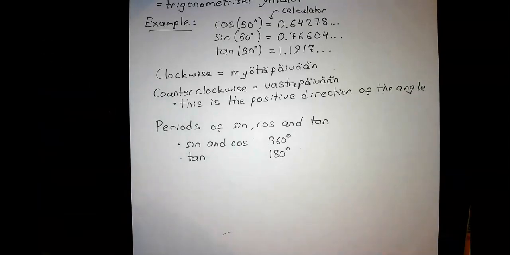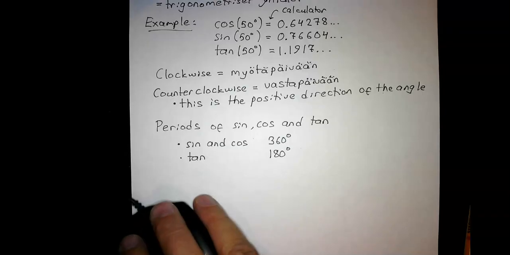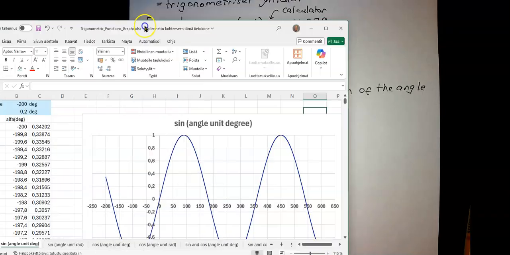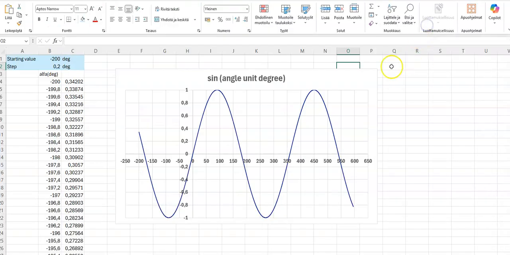We can see also that from my Excel, which I will add to the Moodle, but it is not yet there, but I will give this to you. I have made this kind of picture or table or spreadsheet of Excel.